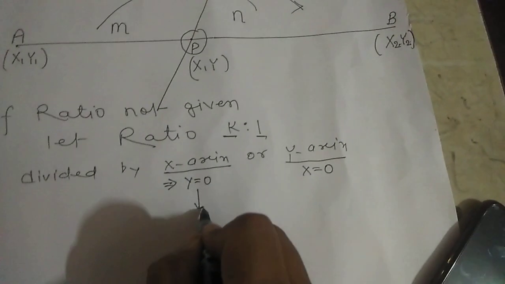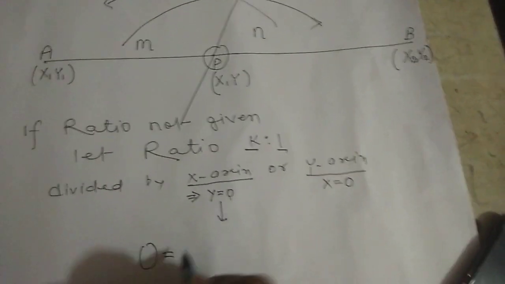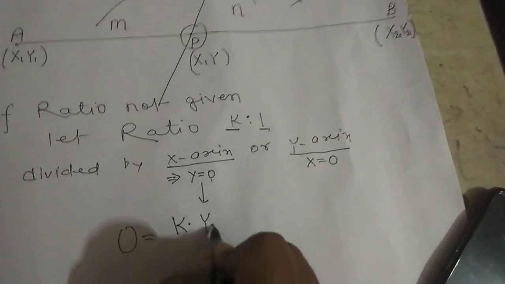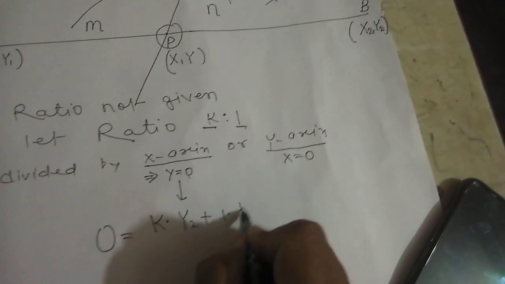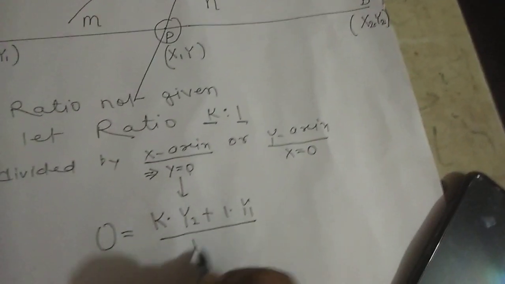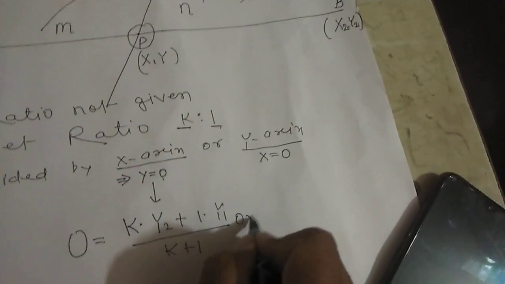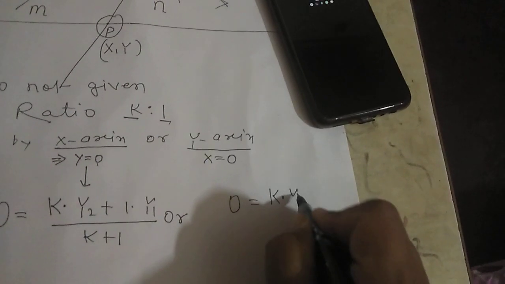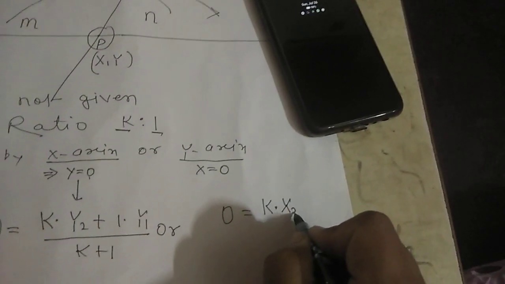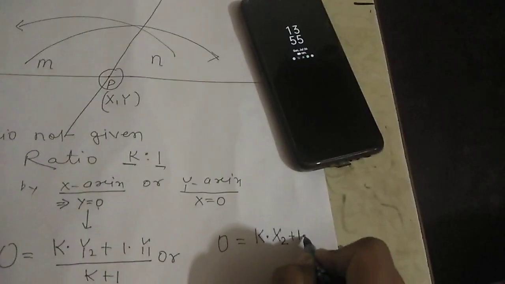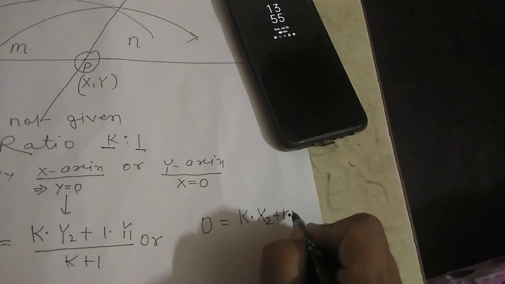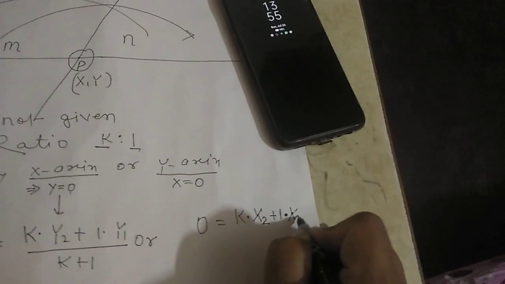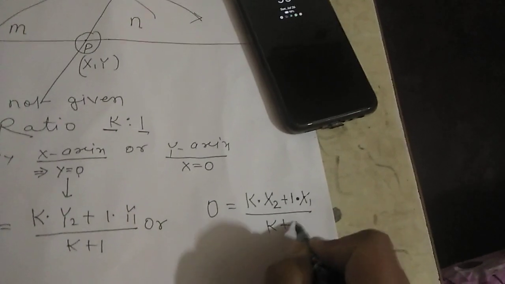And you just put here y equal to 0, which is equal to (k into y2 plus 1 into y1) upon (k plus 1). Or you can go here: 0 is equal to (k into x2 plus 1 into x1) upon (k plus 1).